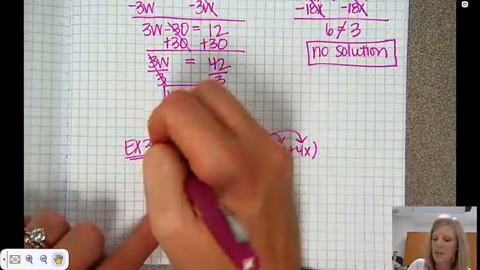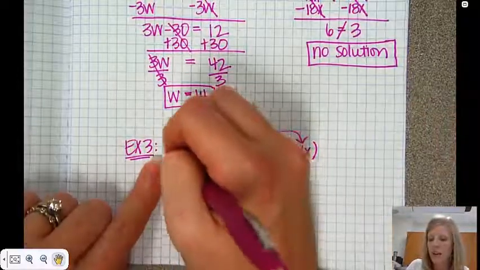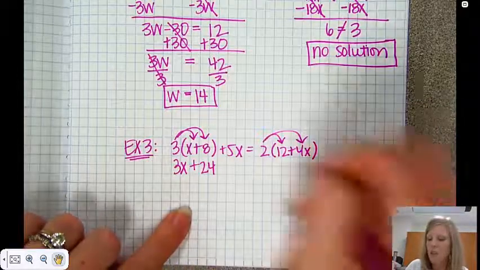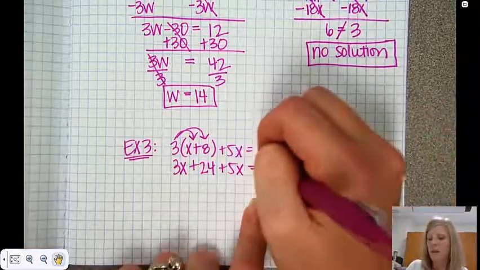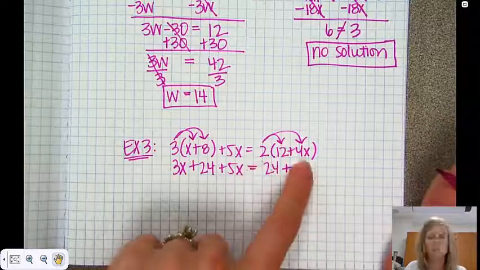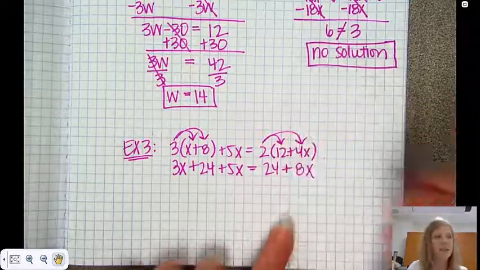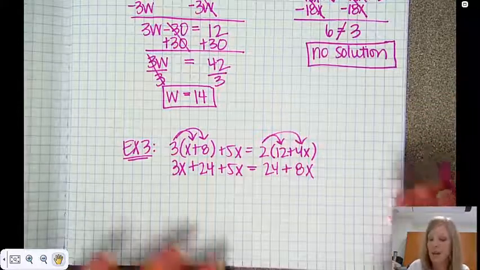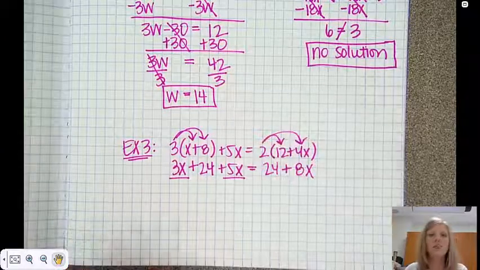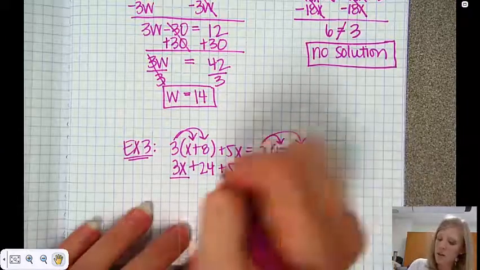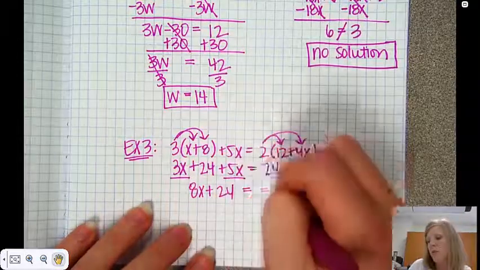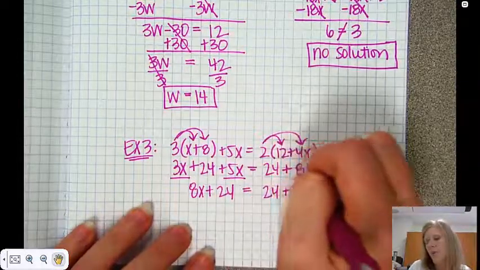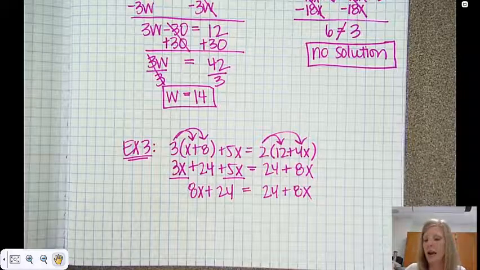So 3 times x is 3x, 3 times 8 is 24. Bring down our 5x. 2 times 12 is 24, and 2 times 4x gives us 8x. Now I'm going to combine any like terms I have, because I have two x terms on the left. So when I do 3x plus 5x, I get 8x. Bring down our 24, and then bring down the 24 plus 8x that's on the right.